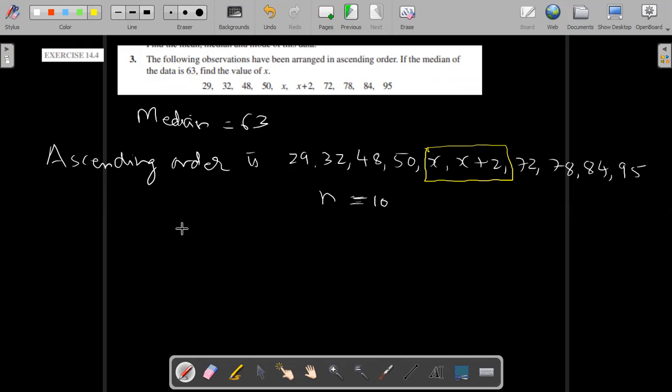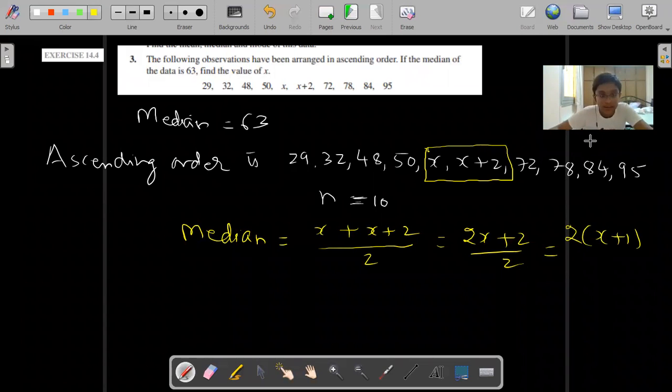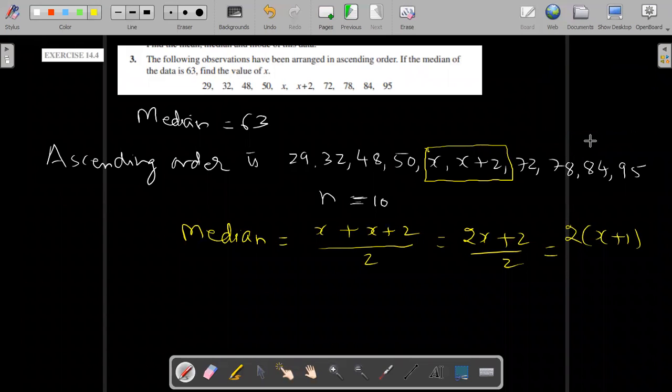So according to the formula, the median is equal to the sum of these two values, x plus x plus 2, divided by 2. That is 2x plus 2 by 2. Taking 2 common, we get 2 times x plus 1 divided by 2; the 2s cancel, and we get x plus 1.